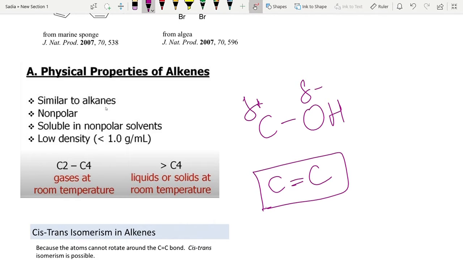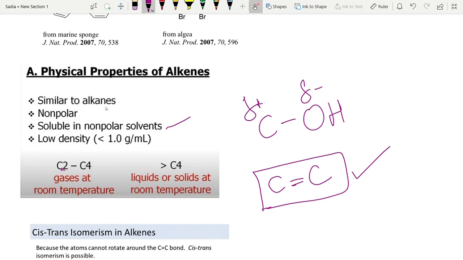Polar molecules dissolve in polar solvents and non-polar molecules are soluble in non-polar solvents, right? So it is written that they are soluble in non-polar solvents.